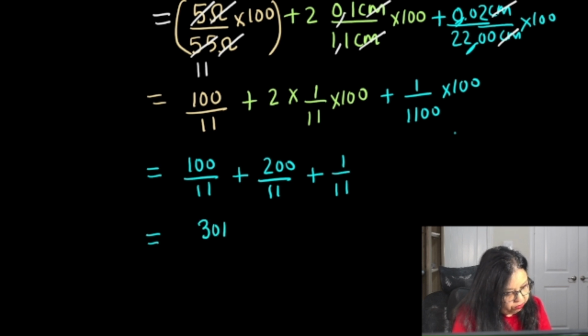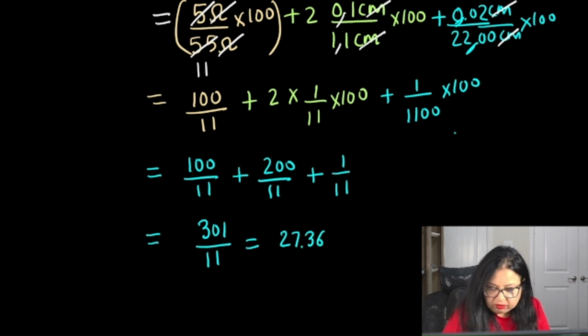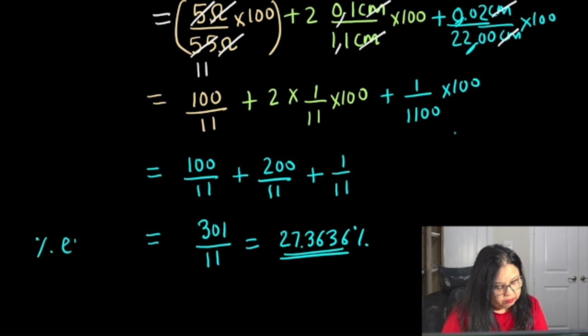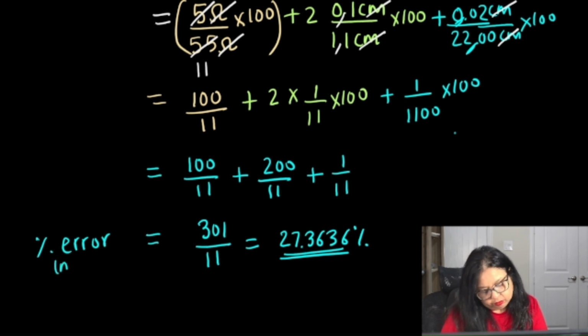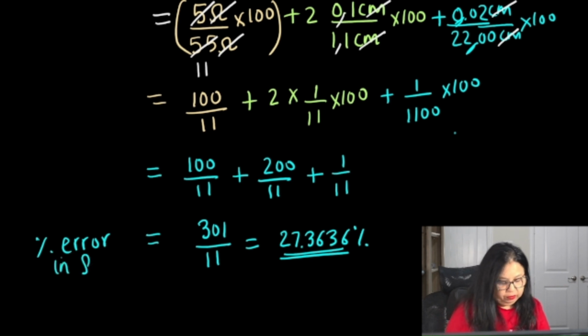This gives us 301 divided by 11. What is this equal to? 27.36. 27.3636%. This is our percentage error in rho. Okay.